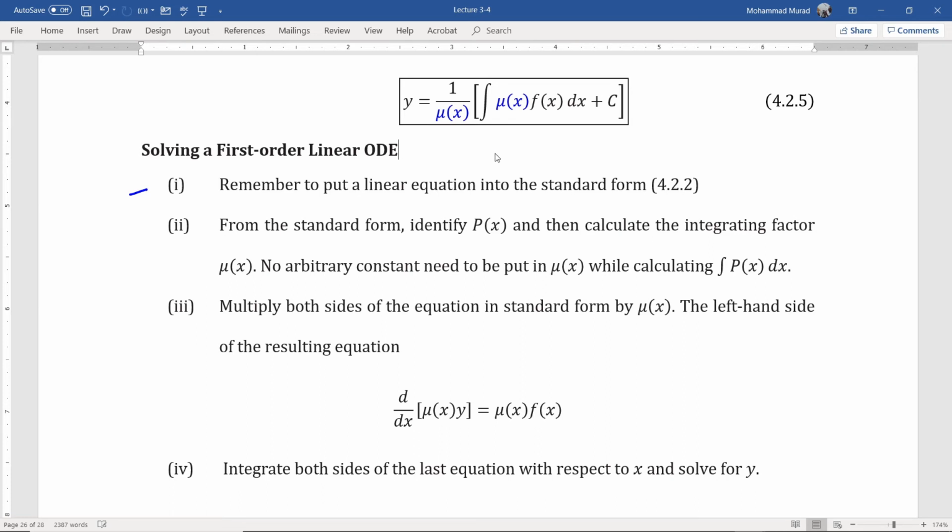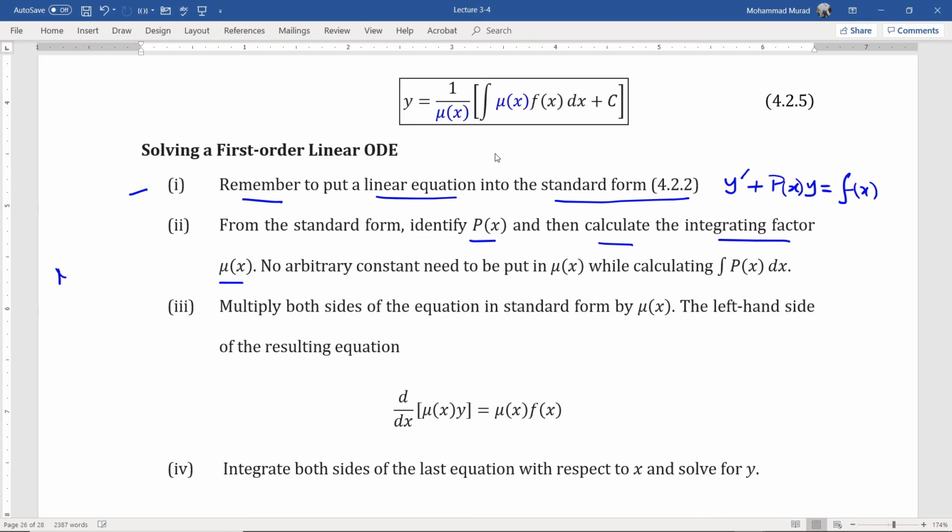1. Remember to put a linear equation into the standard form. 2. From this standard form, identify the function p and then calculate the integrating factor mu of x.